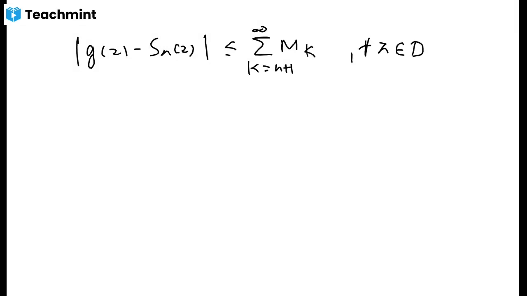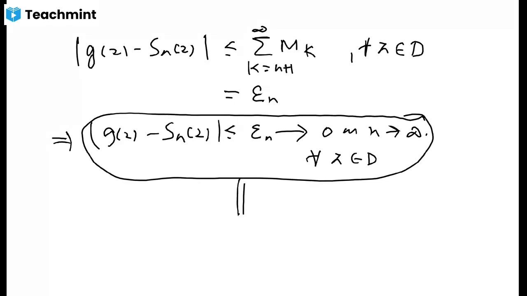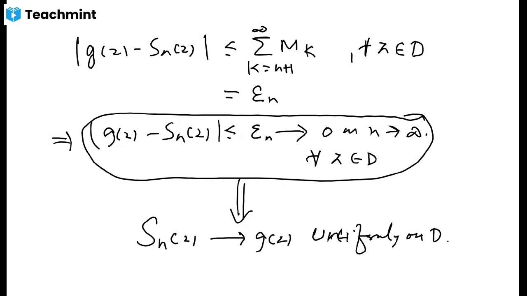This is uniformly true for every z in D. Taking this to be epsilon_n, writing in the form of the definition, I have that the modulus of g(z) minus s_n(z) is less than or equal to epsilon_n, which goes to 0 as n goes to infinity, for each z in D. From the definition of uniform convergence that I explained, this implies that the sequence s_n(z) converges to g(z) uniformly on D. This is a sequence of partial sums, and when the sequence of partial sums converges uniformly, the series of g_n is uniformly convergent.